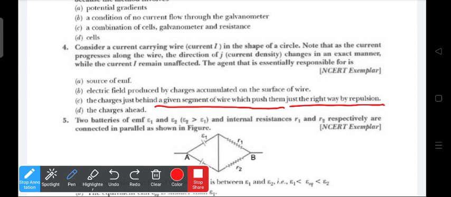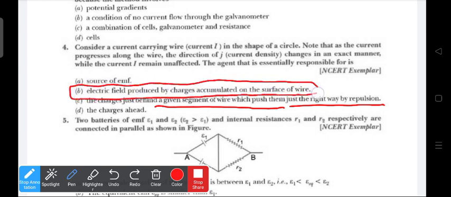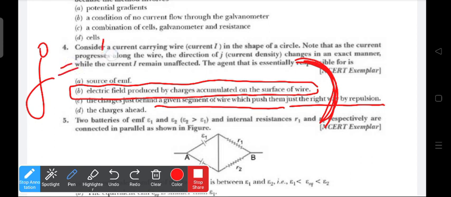Option B says that the electric field produced by the charge accumulated on the surface of the wire. Yes, this could be the right answer. Why? Because the electric field produced by the charges will always be stored on the surface of the wire. Current density means J equals I by A. Current flowing through a unit area is known as current density.